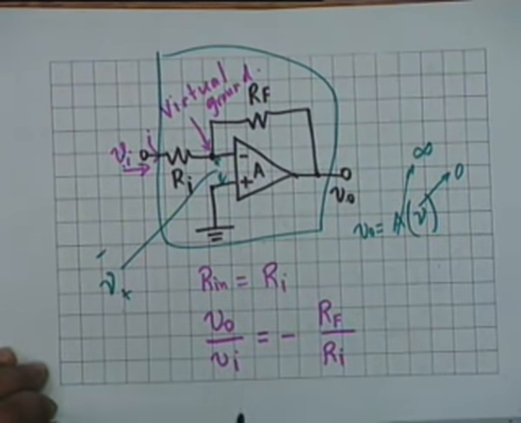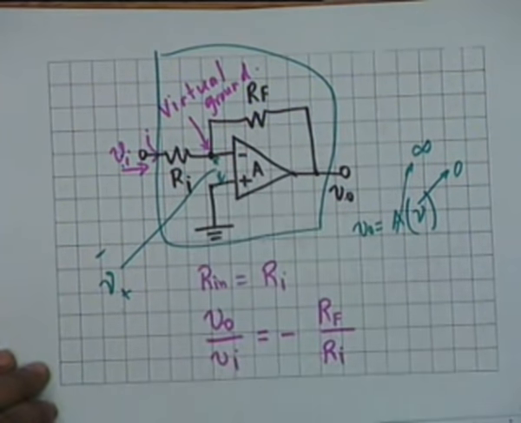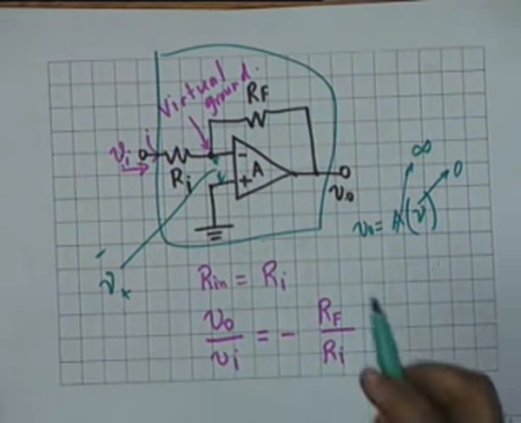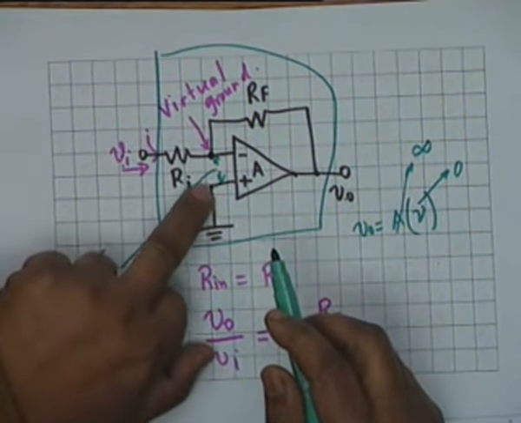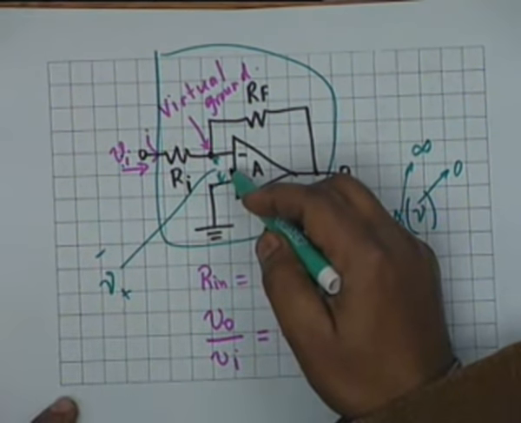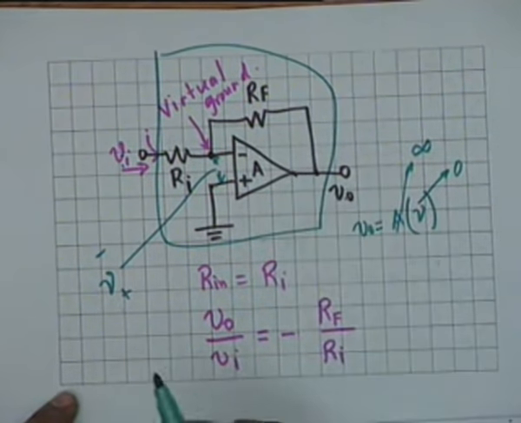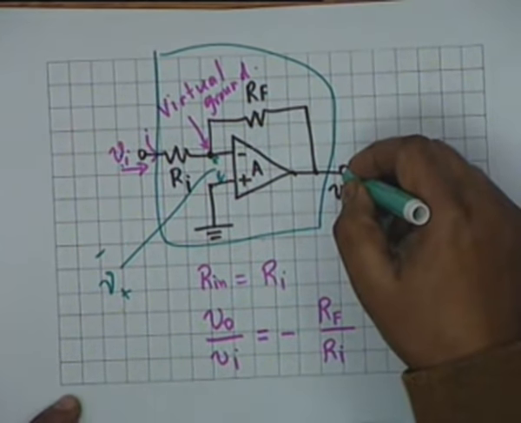So what will happen if in the inverting configuration we don't have an external resistance? We don't have RI. Then the gain shall be infinite. If Ri is not there, Vi is applied directly at the input terminals of the op amp, which means that it is multiplied by A, which goes to infinity, and your V0 shall go to infinity.